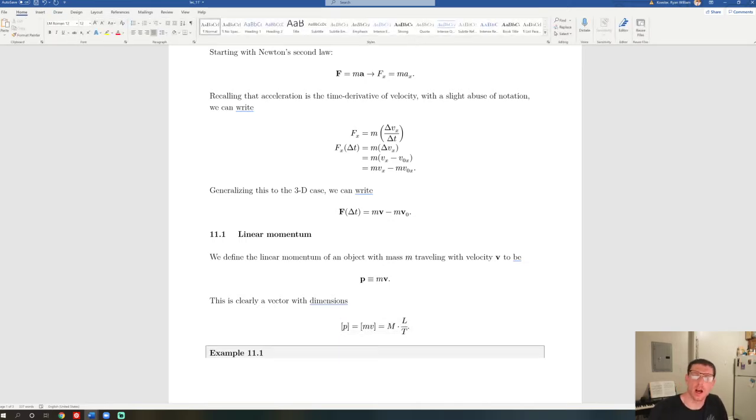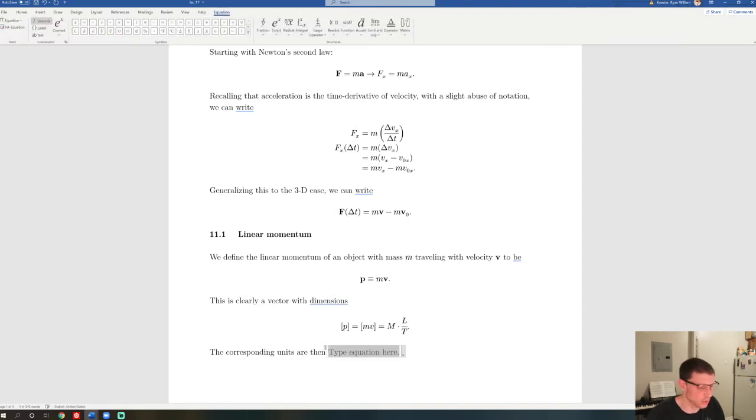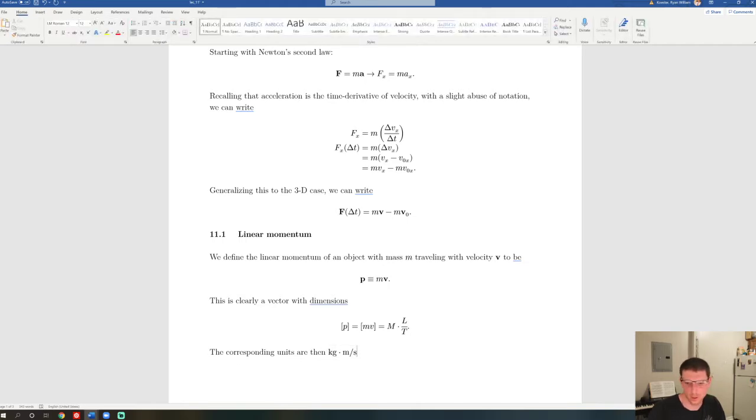And the corresponding units, right, we always want to be thinking about dimensions and units, are then kilogram meters per second, like that. Okay. And I don't think there's a name for this. Not that I'm aware of. It's just kilogram meters per second.